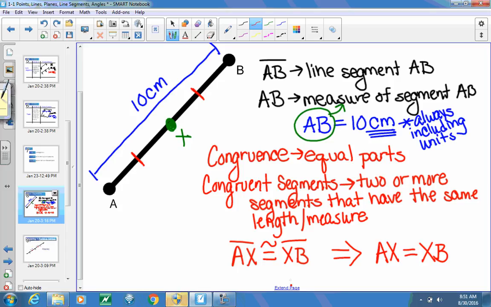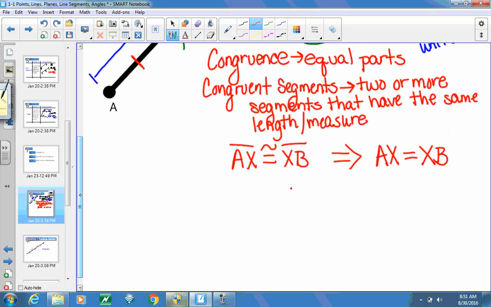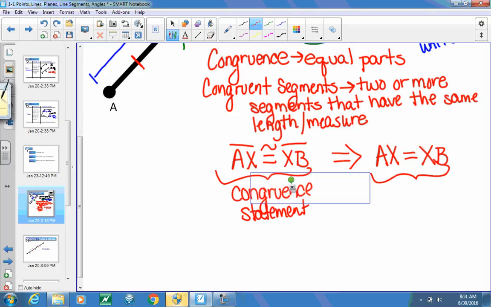One is a congruence statement, and the other is a measure statement. This one right here is a congruence statement, and this right here is talking about the measure.